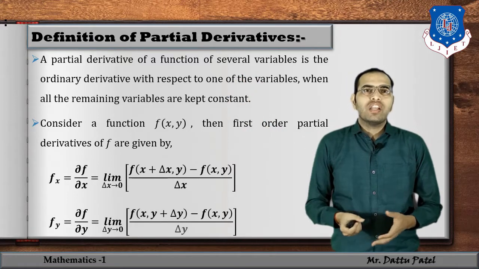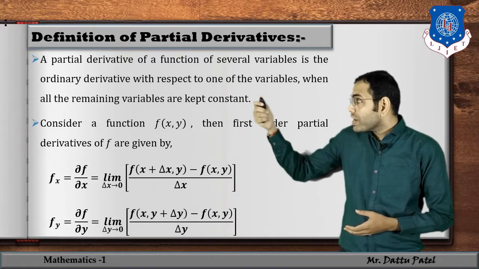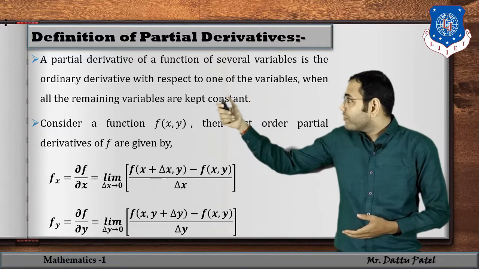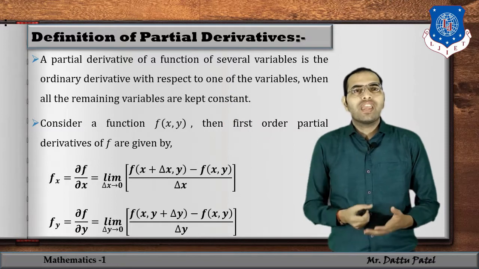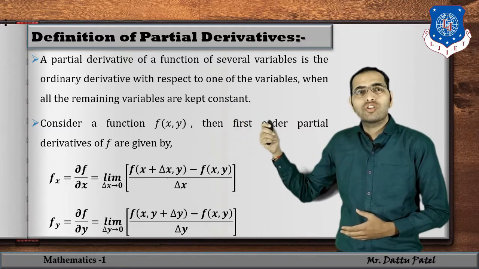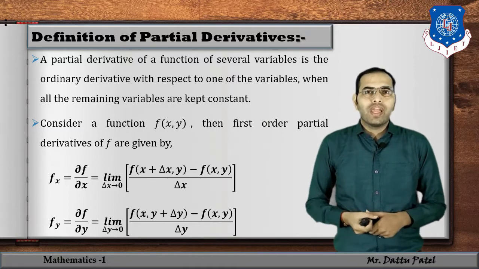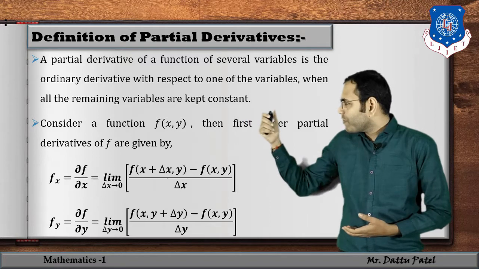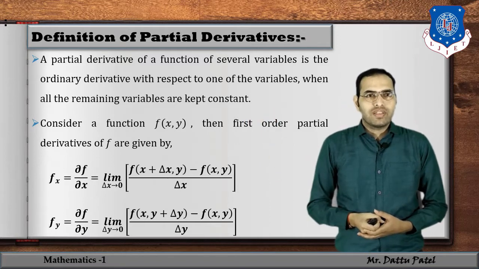Consider the function f of x, y. Then the first order partial derivatives are given by f suffix x, or we can write del f by del x, equal to limit delta x tends to 0 of the bracket f of x plus delta x, y, minus f of x, y, upon delta x.